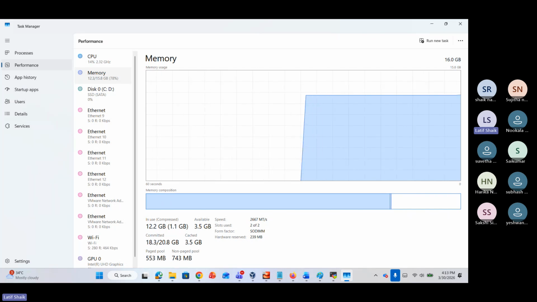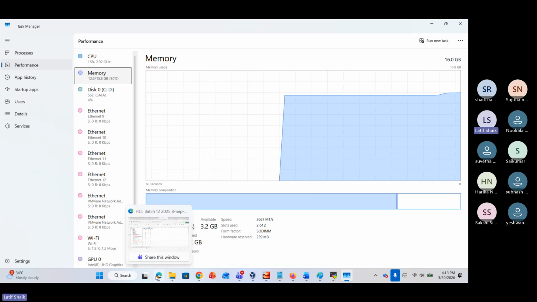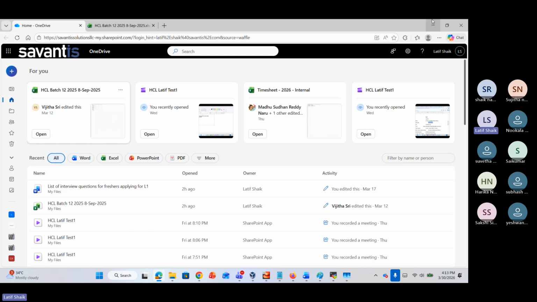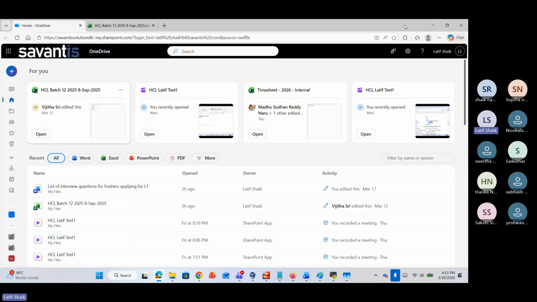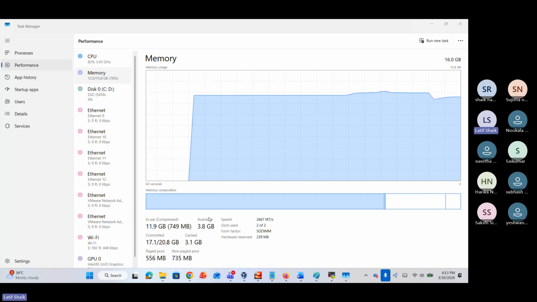Maybe because of that, it is showing like that. So if I close any unused applications like this, then my RAM availability increases. Even I can close this one, so available RAM increases.